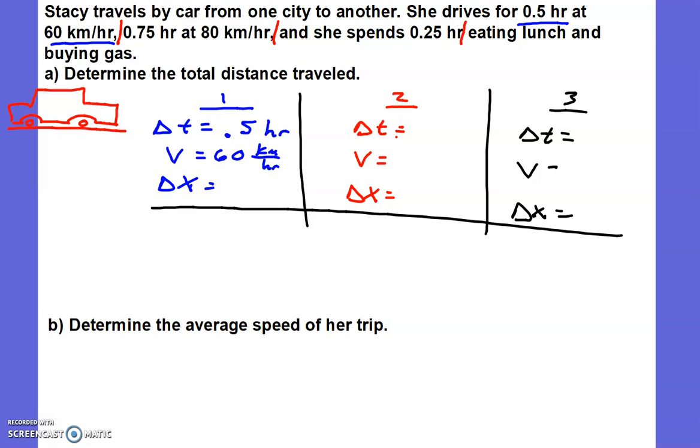In the second part of the trip, it says that Stacy goes for 0.75 hours at 80 kilometers per hour. So again, the 0.75 tells us the time, and the 80 kilometers per hour tells us the speed.